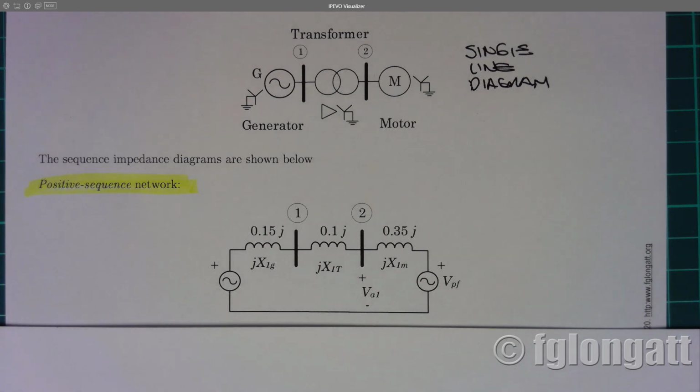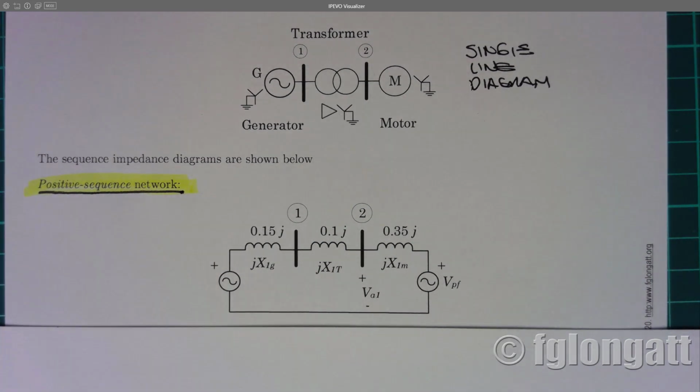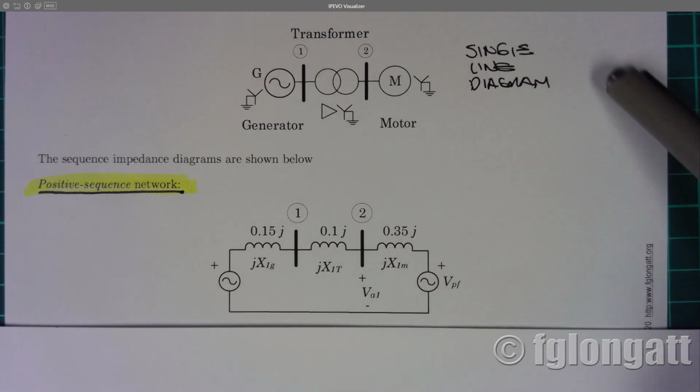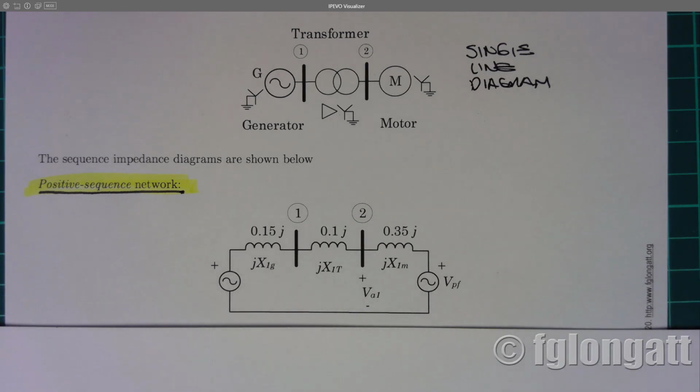But the positive sequence network is an equivalent circuit that allows you to perform calculations inside your power system. What I'm telling you is that starting from the single line diagram, we can go to this network, and it's extremely simple.